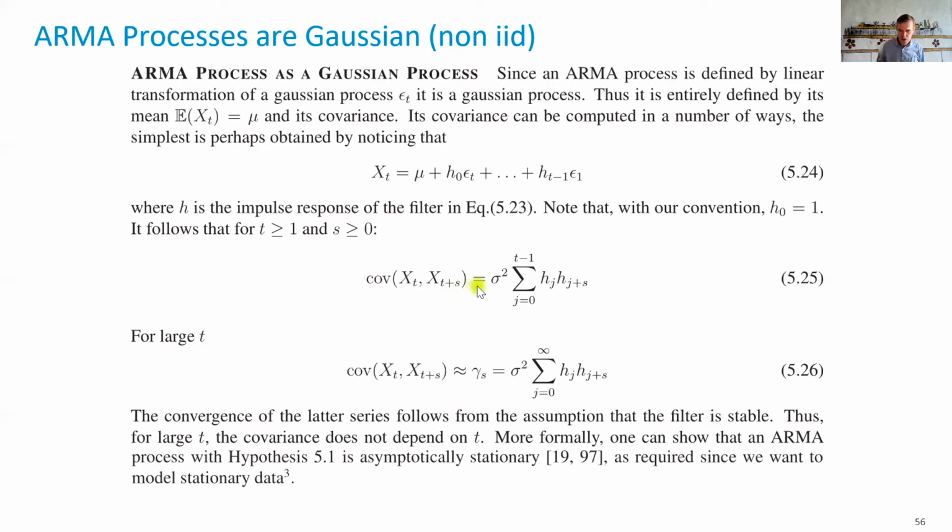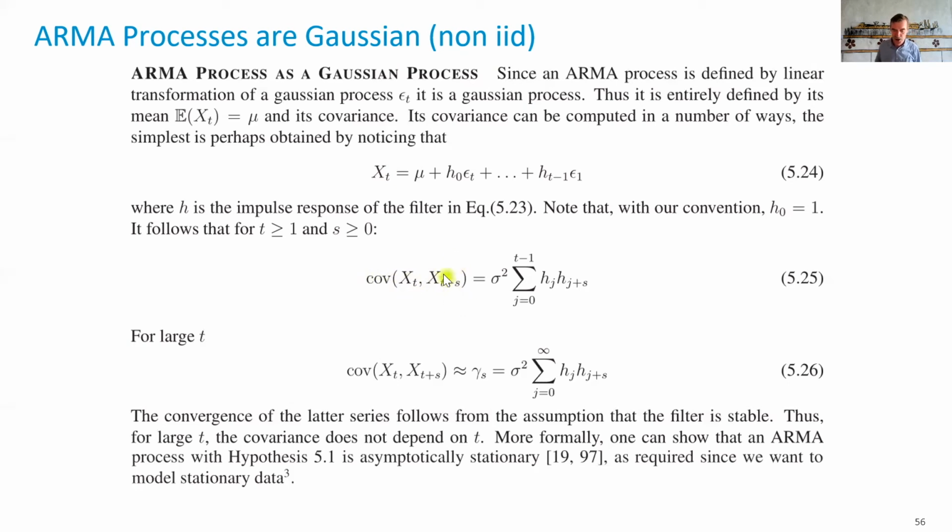And now the answer is a bit contorted. First, to know whether a Gaussian process is stationary, the only thing that is required is to see whether the mean is independent of time, which is true here, and whether the covariance is independent of the time at which it's computed. Of course, it depends on the lag. If I compute the covariance of xt and xt plus s at time t, if it depends on t, then it's a non-stationarity property.